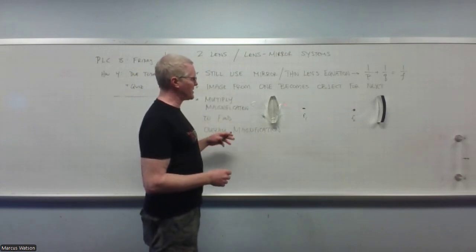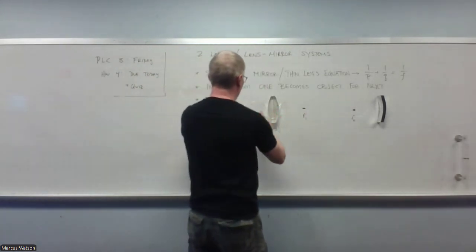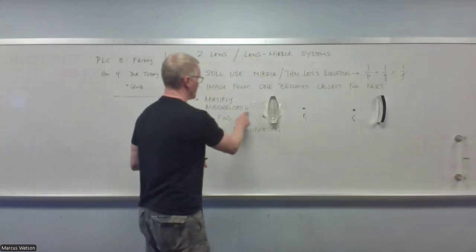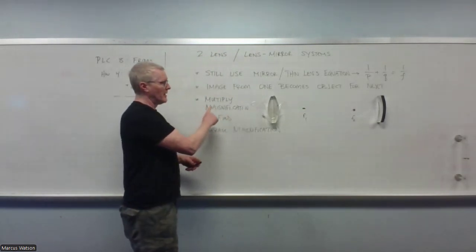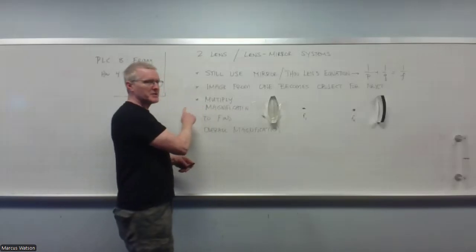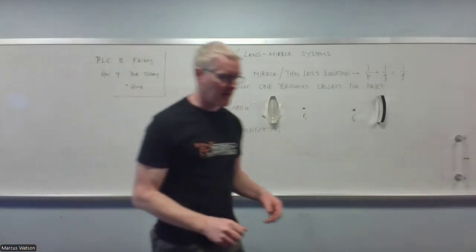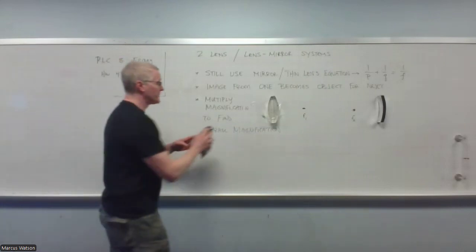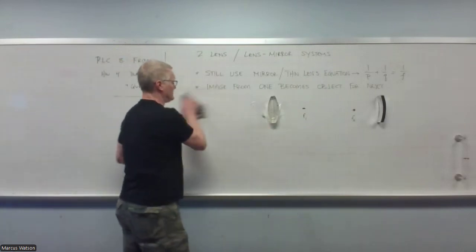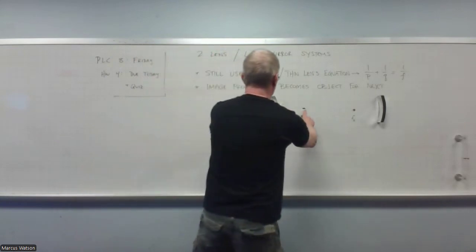If I have an object, and I've got a focal point here, it's about there in the middle of my O. So if I have an object outside the focal point here, the question is, where is the image going to be formed from the first lens? So let's assume that I've got the object far enough away, such that, let's see, where did we say that was?